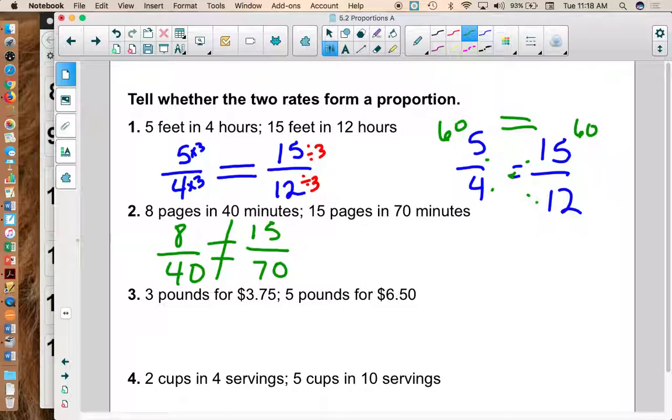I have 3 pounds for $3.75, and I have 5 pounds for $6.50. Are they equal?